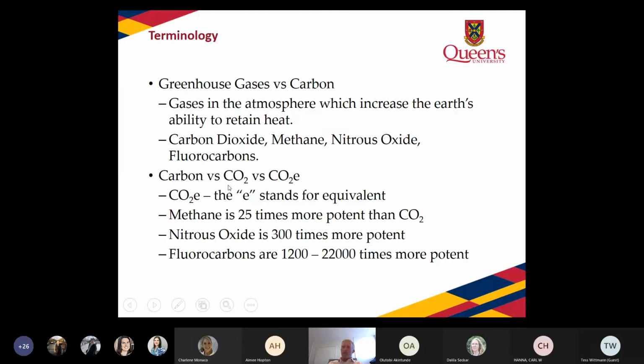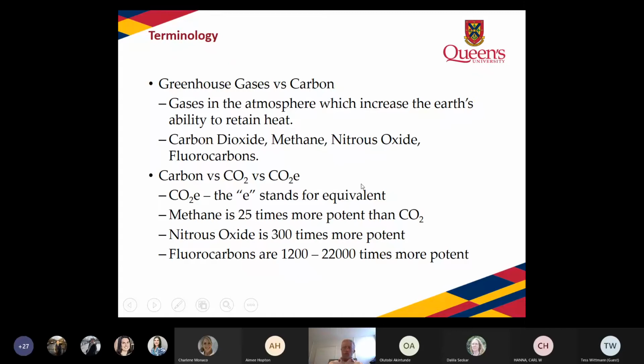Specifically, greenhouse gases are gases in the atmosphere which increase the ability to retain heat in the Earth's environment. The main types of greenhouse gases that are tracked and logged and measured are carbon dioxide, methane, nitrous oxide, and fluorocarbons.